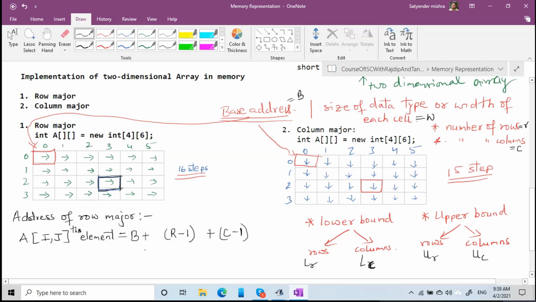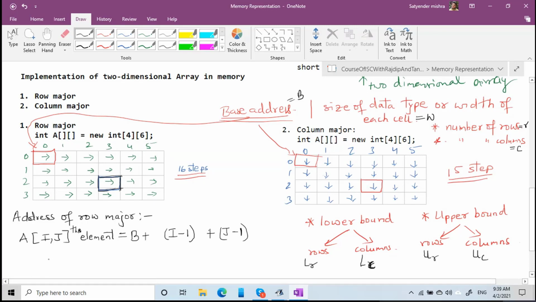Wait, I have made a conceptual mistake here. This will be J, because I have to reach here. So this will be the J number column, and this will be I, the number of rows I have traversed, because I am reaching I and J. So I - 1 plus J - 1.